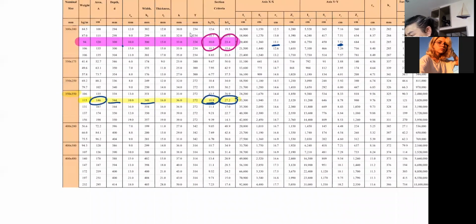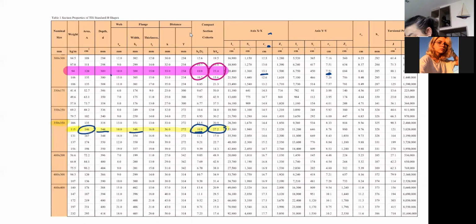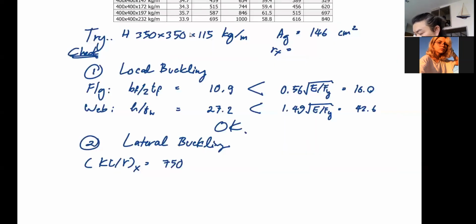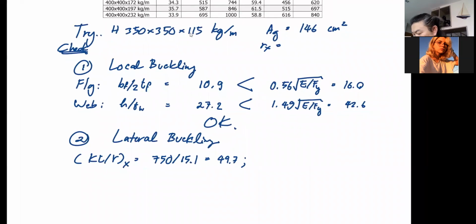That's your x-axis property. So Rx here is 15.1 and Ry is 8.78. So we can come back here and this is 15.1. This gives us, what's the number? 49.7.